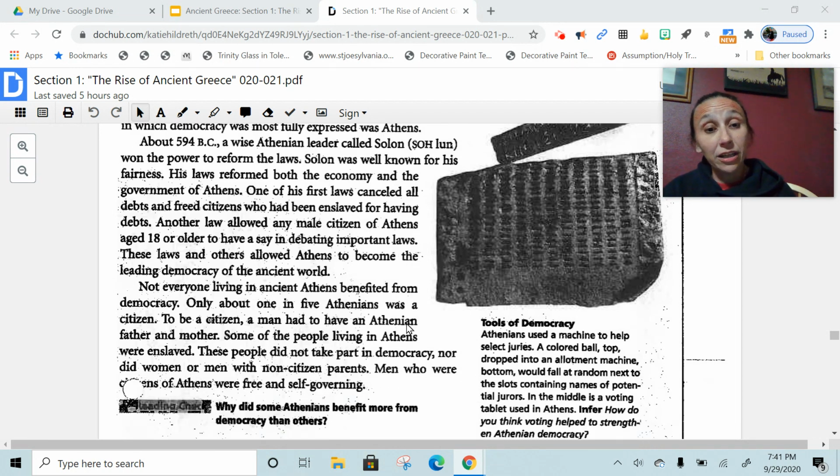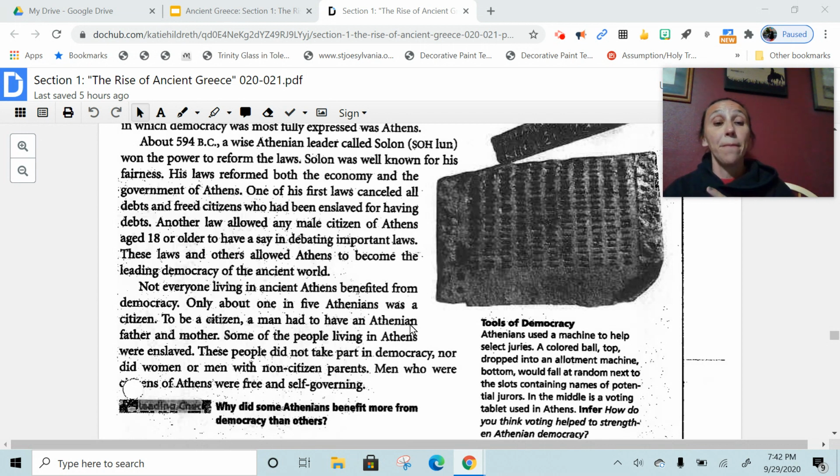Not everyone living in ancient Athens benefited from the democracy. So it wasn't always a good thing. Think about early modern America and how women and the slaves were treated here, and think about what we just read about. Because that's one of our learning targets, remember? Only about 1 in 5 Athenians was a citizen.